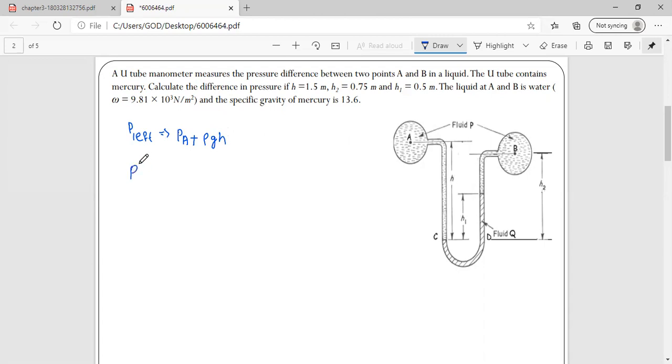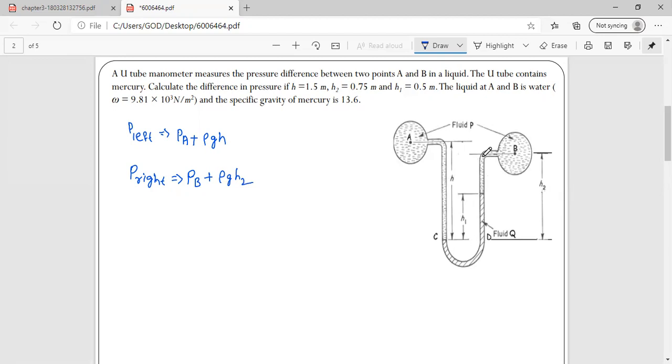Similarly, what is the pressure in the right limb? The PB pressure is acting here, so that is PB plus rho g H2. Can I write rho g H2? No. Why? Because the total distance has two different fluids. If I write rho g H2, it is obviously a mistake, because this fluid is only up to here.